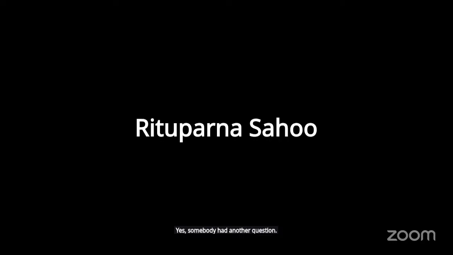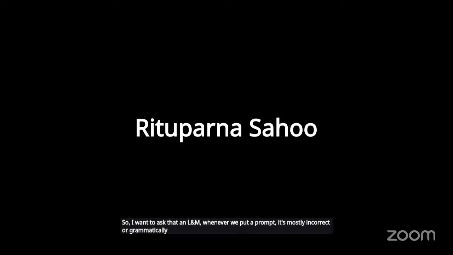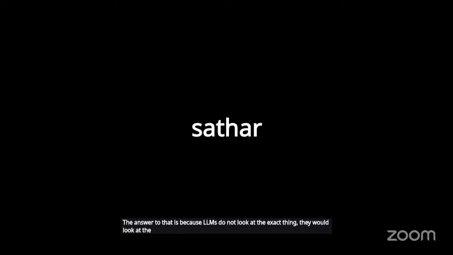Yes, somebody had another question. I want to ask that in an LLM, whenever we put a prompt, it's mostly grammatically incorrect, yet it gets it right. And what's the work of RAG over here? Even if there are grammar or spelling mistakes in your question, it will be able to give you the right answer. The simple answer is that LLMs do not look at the exact text. They look at the underlying semantic search that we just discussed.